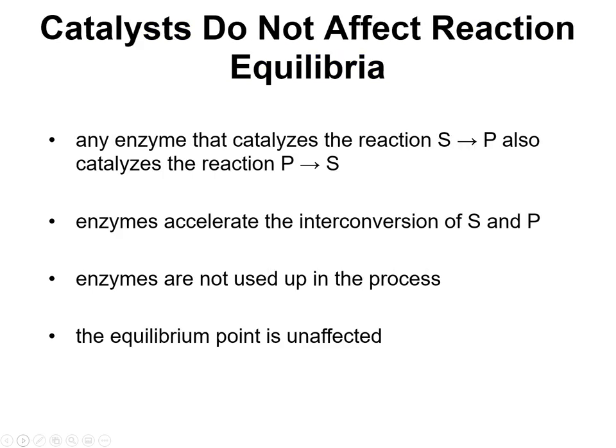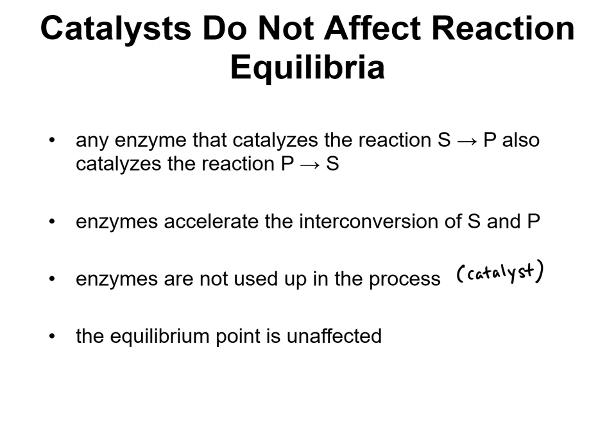Any enzyme that can catalyze the reaction of the substrate going to the product can also catalyze the reverse, as I said. Enzymes accelerate the conversion of substrate to product. They're catalysts, which means that they're not used up in the process. So that's what a catalyst is. Something that accelerates the process, but is not a component that gets used up.